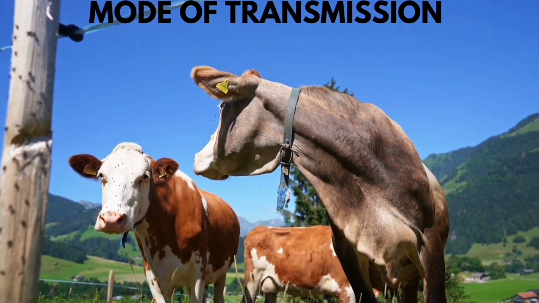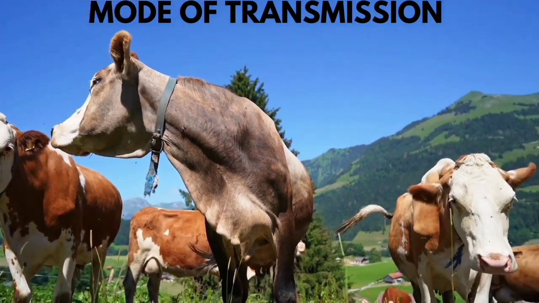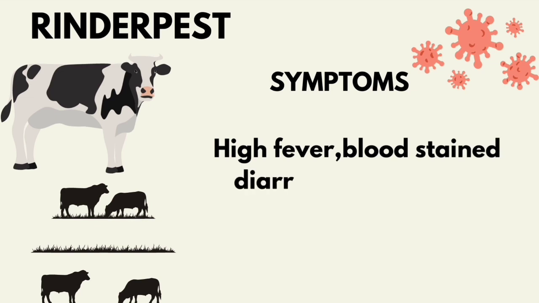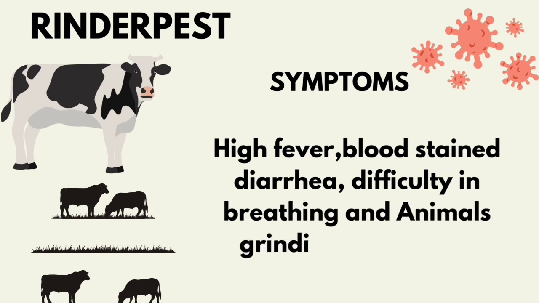The next disease we are going to be talking about is rinderpest disease. Rinderpest disease is also a viral disease and it mostly affects cattle. The symptoms include high fever, blood-stained diarrhea, difficulty in breathing, and animals begin to grind their teeth.